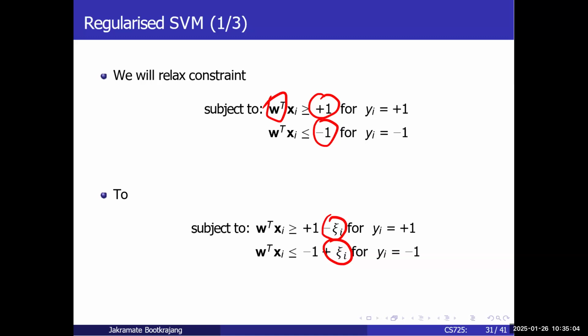And what it means is that this variable can allow the positive example to have a negative dot product, right? So let's say for this positive example, if the dot product is -1, then you have this variable be 2, right? So you have 1 minus 2, you still get -1, right? So you can still satisfy this equation by having this variable be 2.